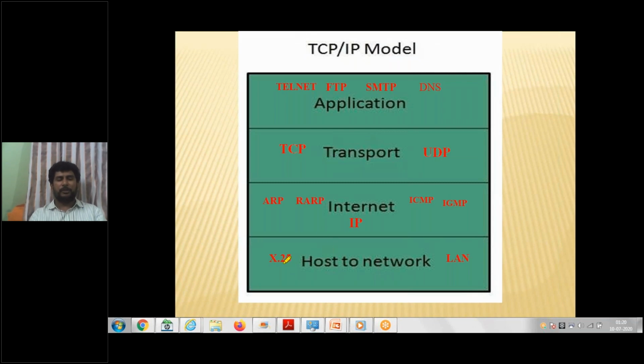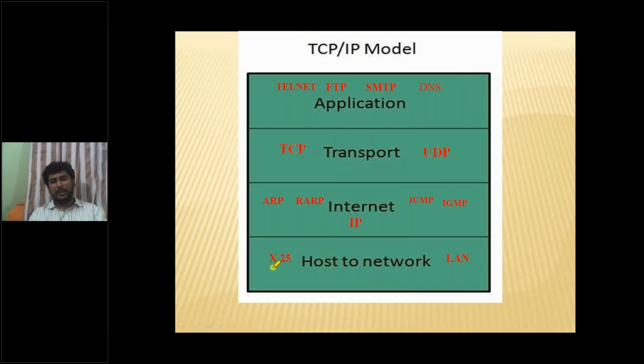Starting with host to network, which is a combination of physical and data link, we have protocols like X.25 and LAN protocols. When you talk about the second layer, called the network layer, we talk about protocols called Internet Protocol (IP), ARP, RARP, and ICMP.